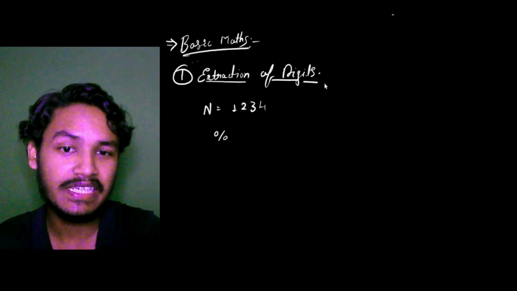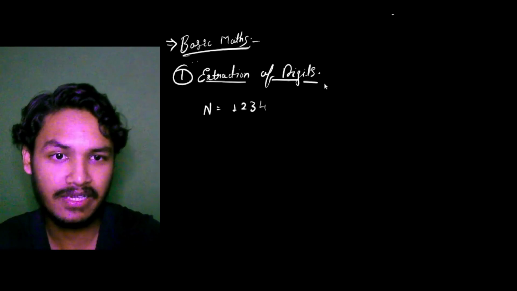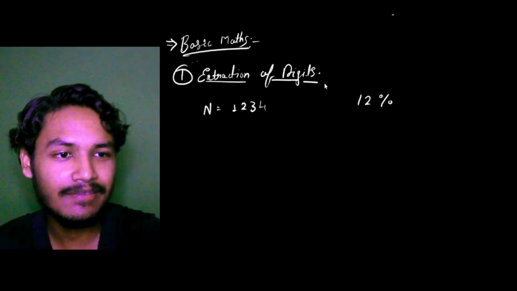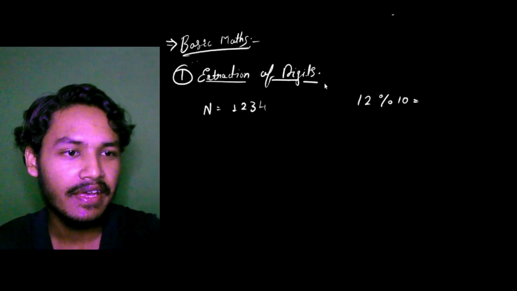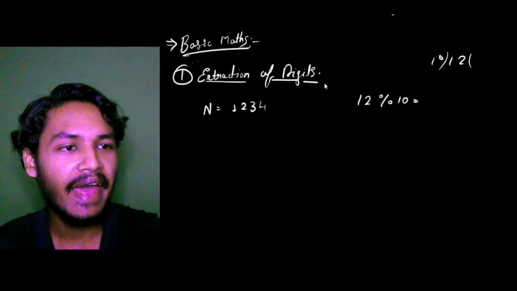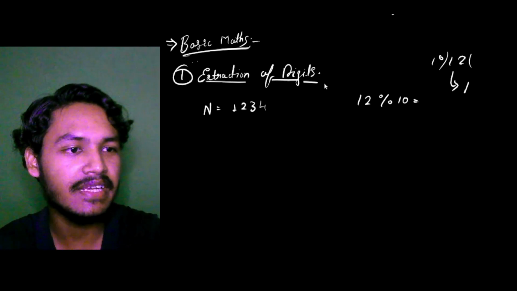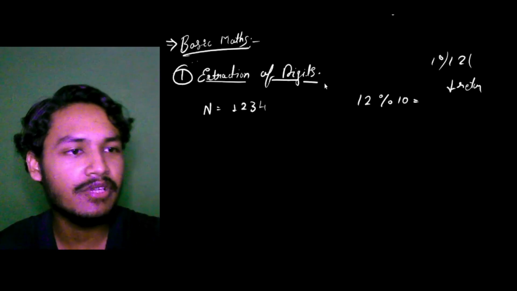So what it does, it divides the number. Let's say we have the number 12, and when we take modulus with any number, let's say 10, it will divide 12 by 10, and after dividing this number it will return the remainder, and the remainder will be 2.